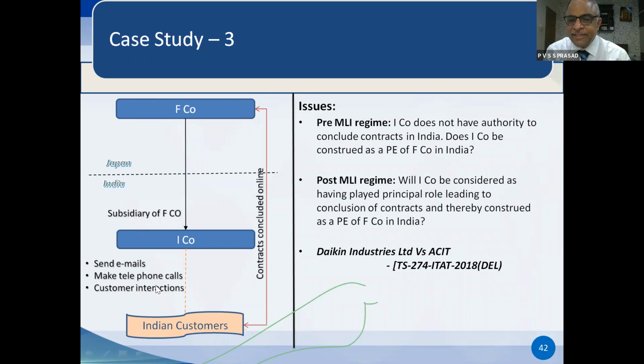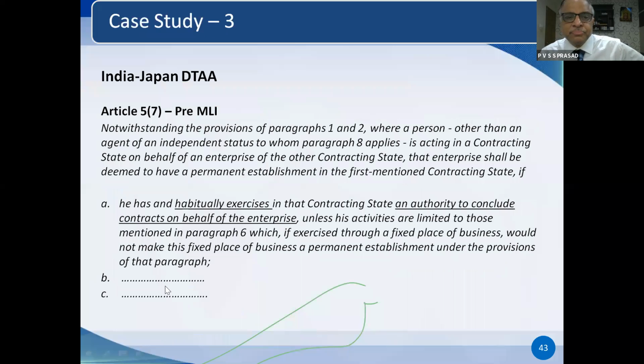Of course, in Daikin Industries, much before the MLI could be applied, the Delhi Tribunal held that the Indian company, being a subsidiary, is an agent of the Japanese company, and to that extent, the Japanese company would be taxed in India. That is what was held in 2018 by the Delhi Tribunal. The same concept, a substance over form approach, is what is suggested by the MLI.